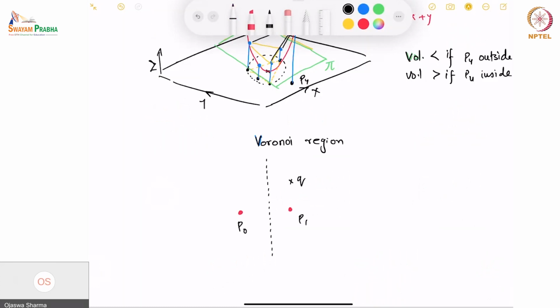So there are two Voronoi regions in this case, Voronoi region V0 and Voronoi region V1. And those are defined by splitting the entire plane by the bisector of P0 and P1. And the property is that Q is closer to P1 than it is to P0. So the Voronoi region of Q is V1.